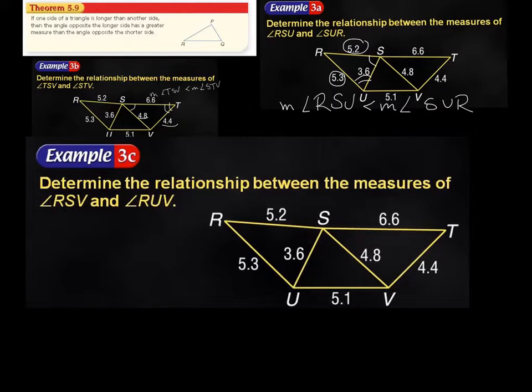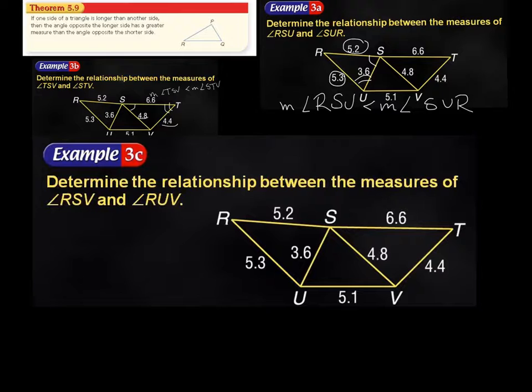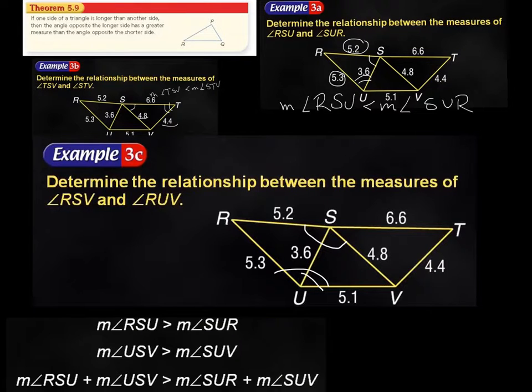This one gets more interesting. They want us to determine the relationship between the measures of angles RSV and RUV. In part A, we already said that RSU is bigger than SUR because 5.3 is bigger than 5.2.